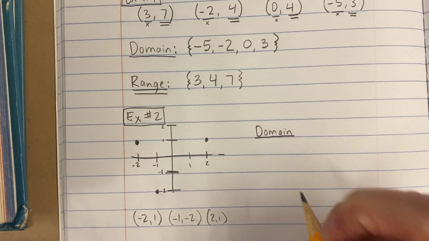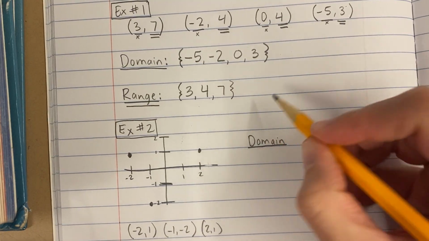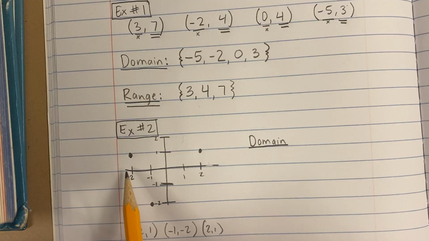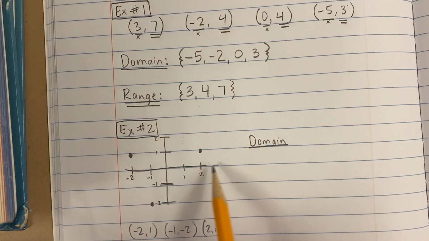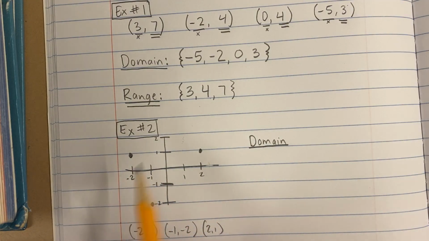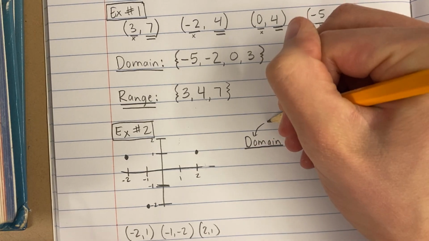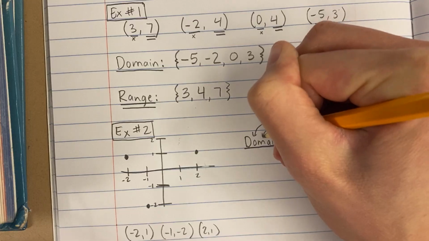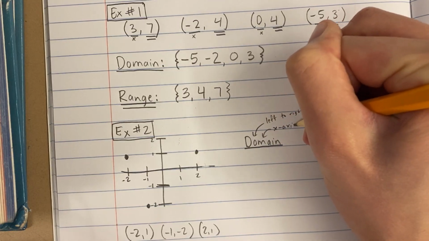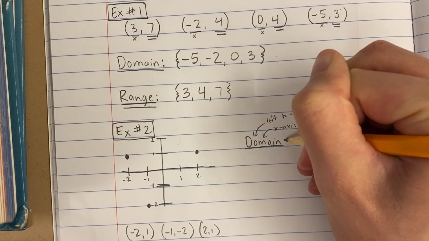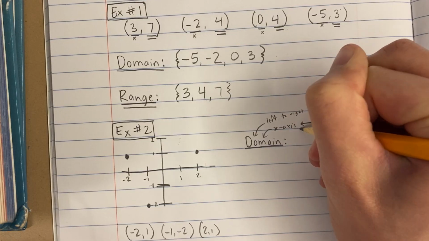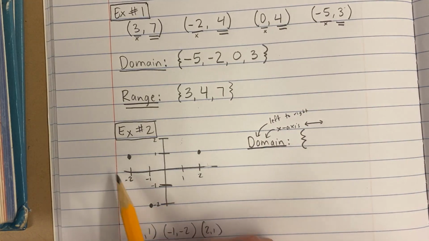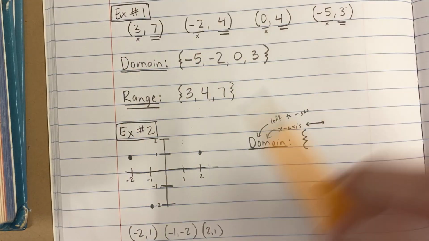Now if I want the domain off the graph, remember I want them from least to greatest, so the domain is the x values, right, these. So notice from least to greatest, I would start at the left. So what I would do is I would look from left to right, and what I'm looking at is the x-axis, which is this line. So here, in this problem, I would start on the left, and I would say, okay, I hit this point first.